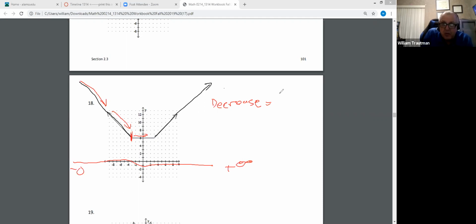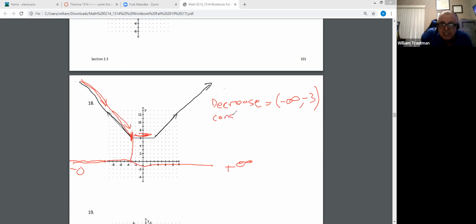So from negative infinity, the graph is going down, down, down, and it stops going down right there at -3. By the way, at -3, it changes to constant. So you can't put a bracket. For increasing and decreasing, you cannot put brackets. You have to put parentheses because at -3, it goes from decreasing to constant. Do you see? It's constant now.